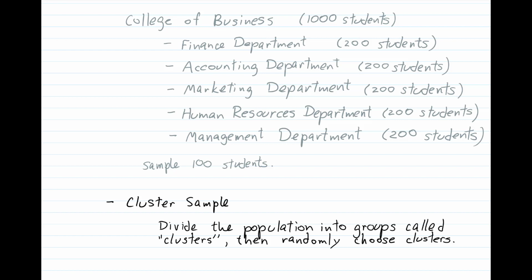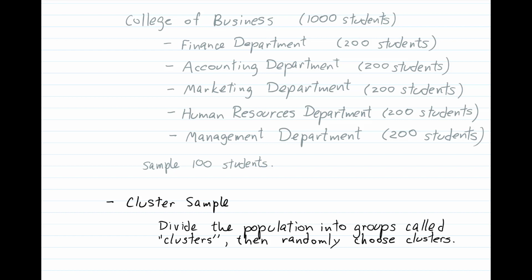So what you could do is you could list every student. You would have a list of 1,000 names. Pick a starting point anywhere in that list. Okay? And then just choose every 10th name.